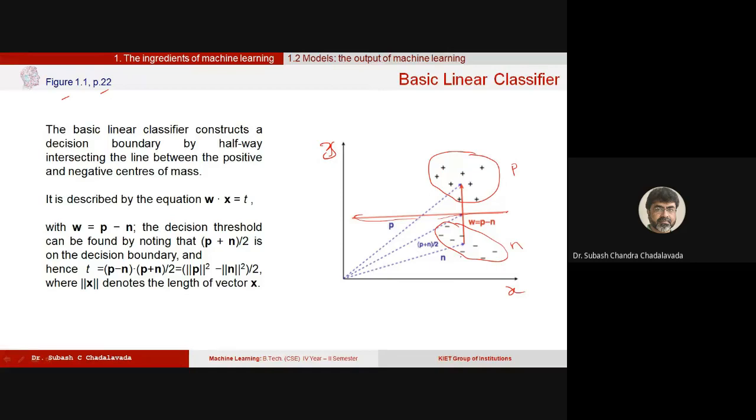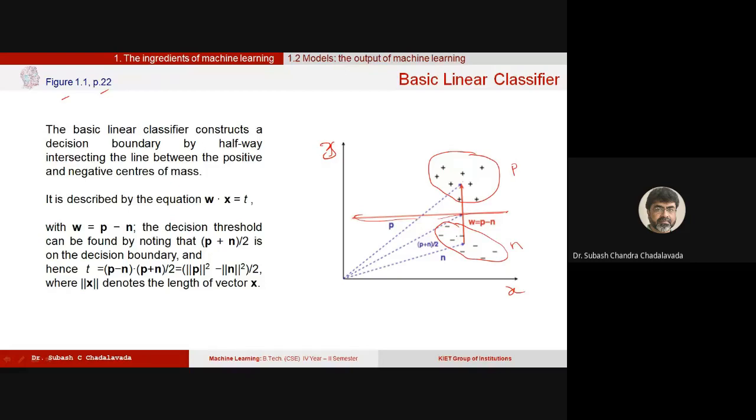Now, what does that mean? That means you create a line starting from the center in N to the center in P. These points can be joined by this line here.